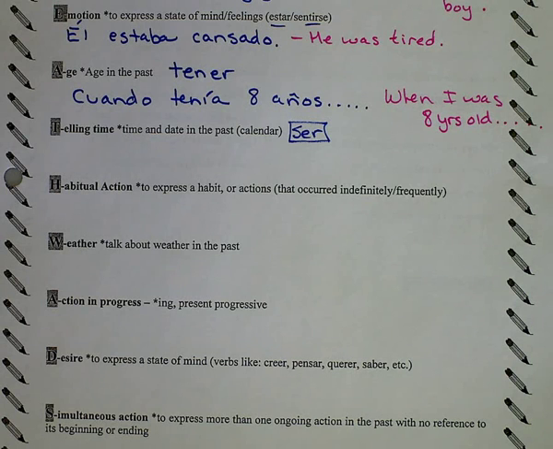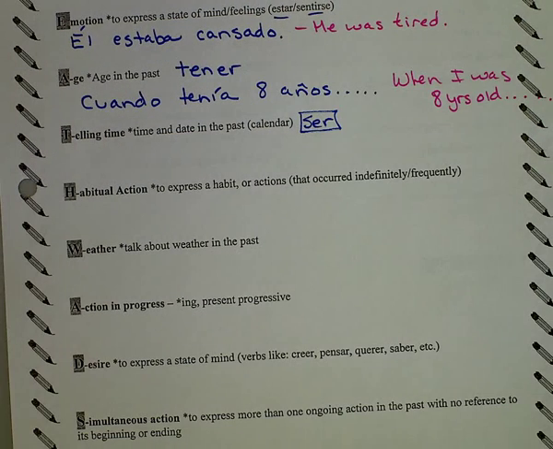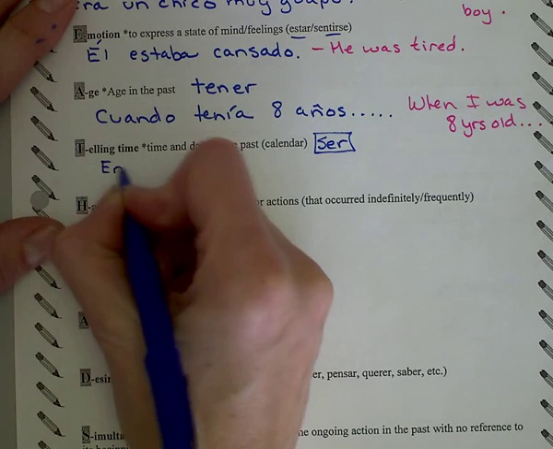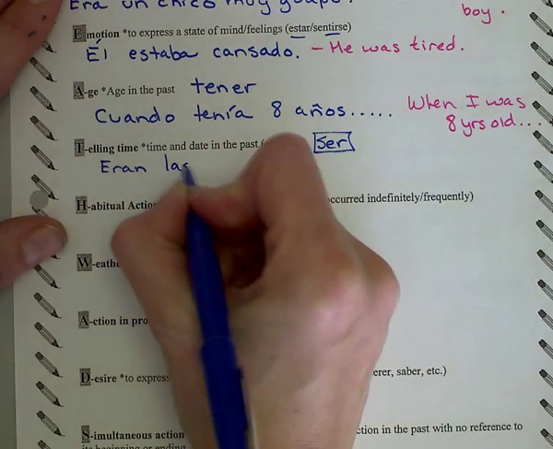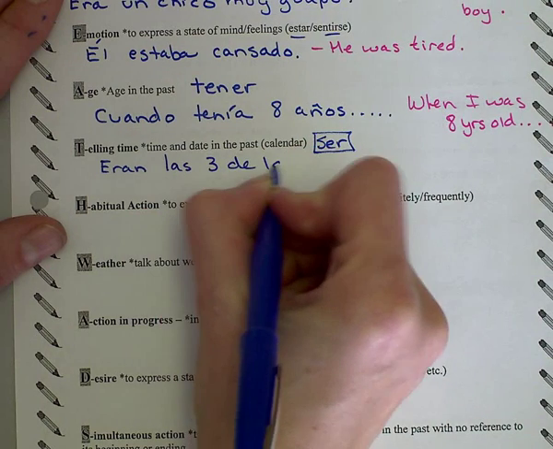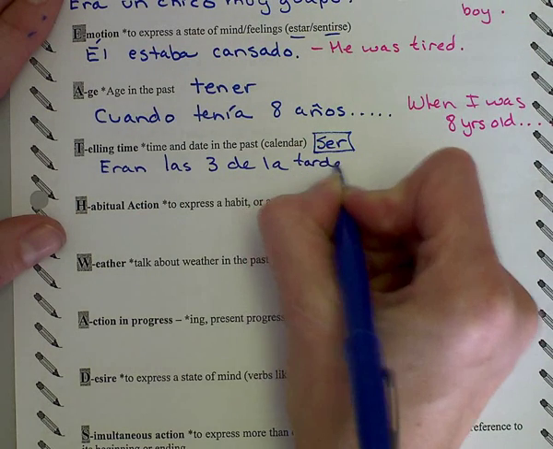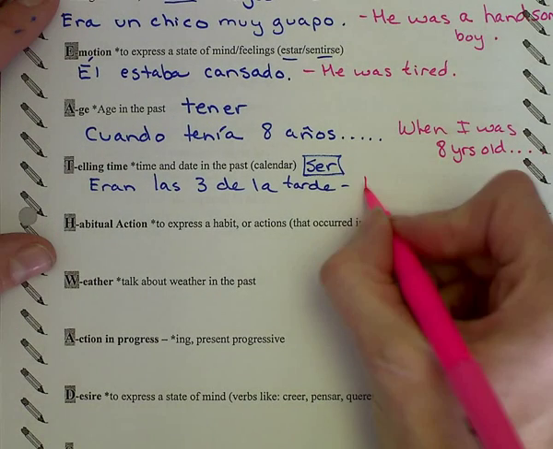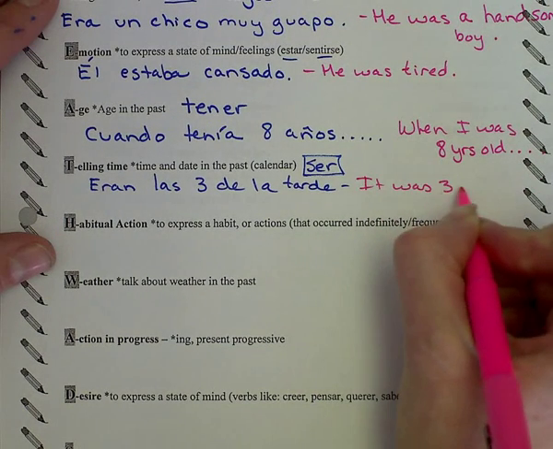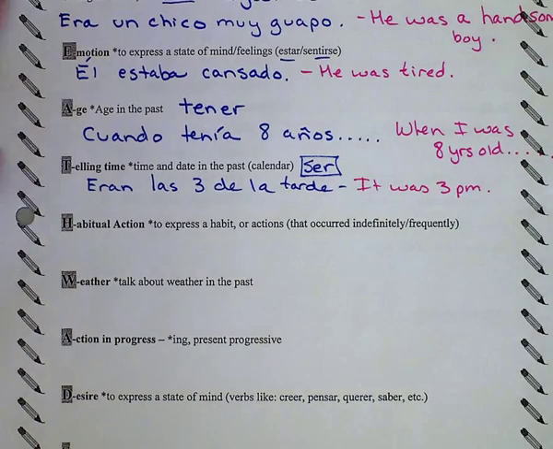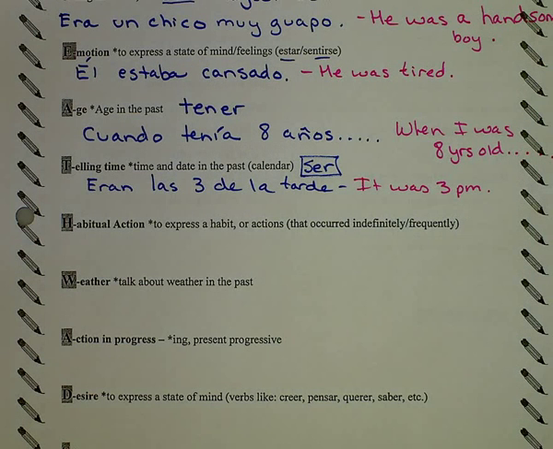It's got to be imperfect. So that means we need to say either era or eran. So if it's 3, do we need era or eran? Eran. So it was 3 p.m. Eran las 3 de la tarde.